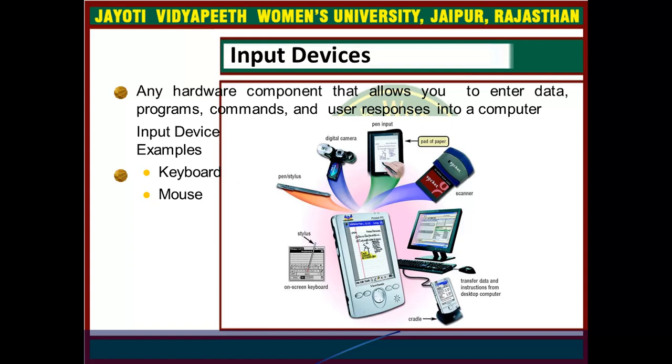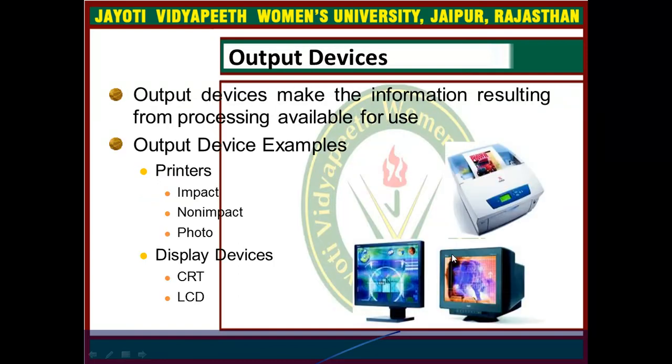You can see this is a pen stylus, digital camera, pen input and scanners. These create and transfer data, using this mouse through the desktop, and this is a keyboard. These are all the input devices.